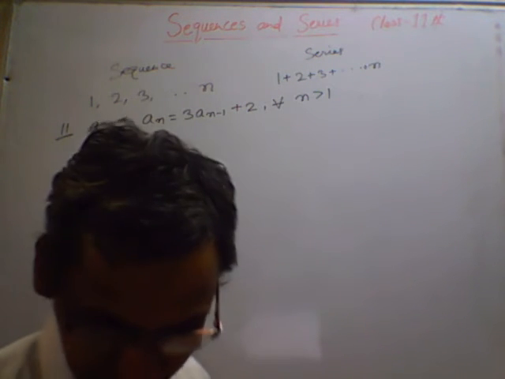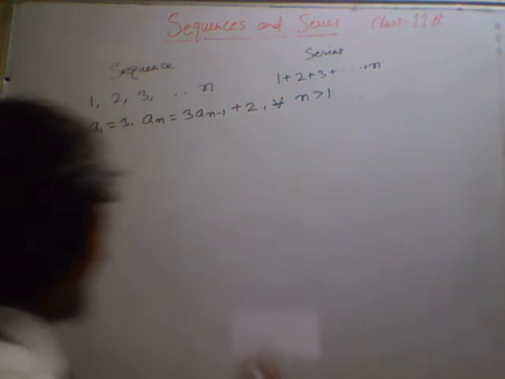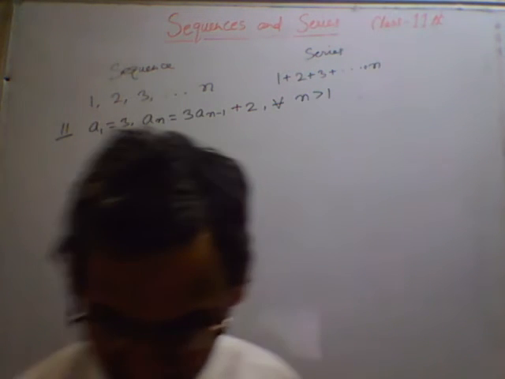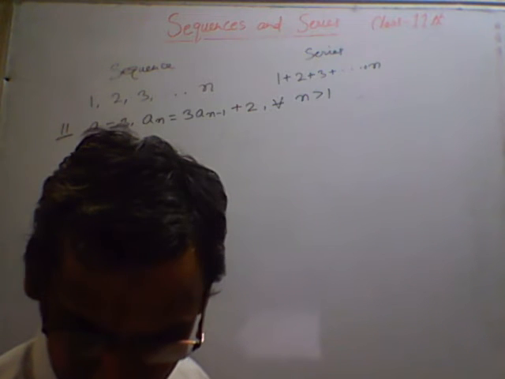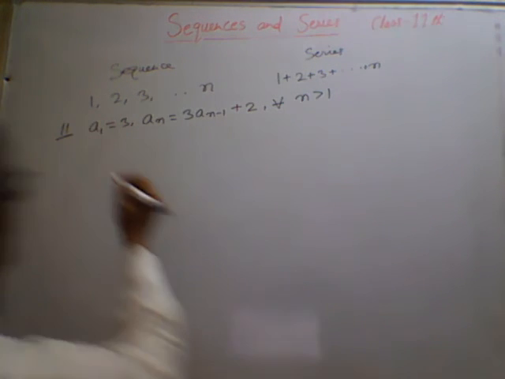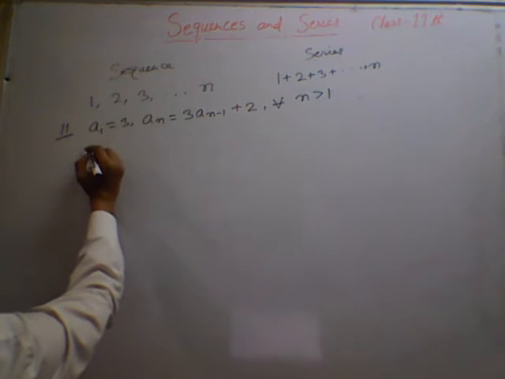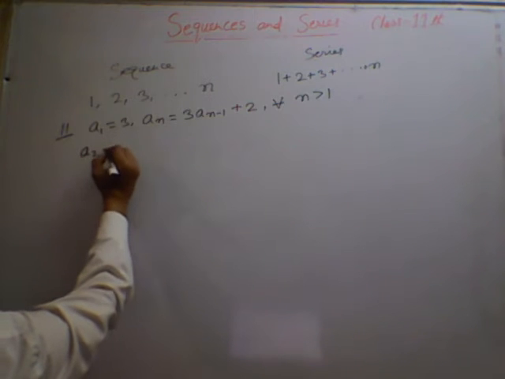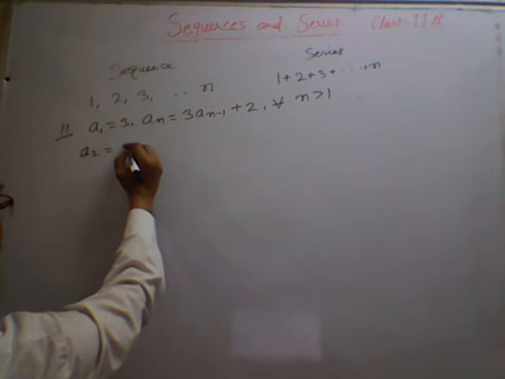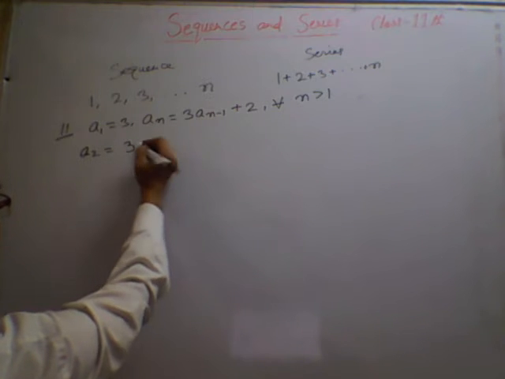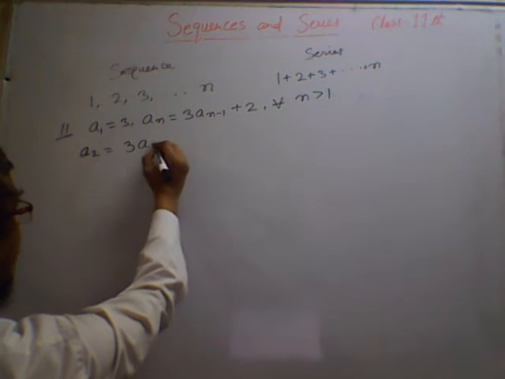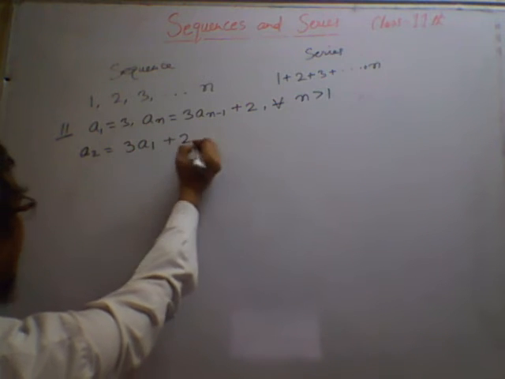Now, here it has been given a1 equals 3. So we have to find a2, a3, a4 and a5. A2 is equal to 3a2 minus 1, which is a1, plus 2.